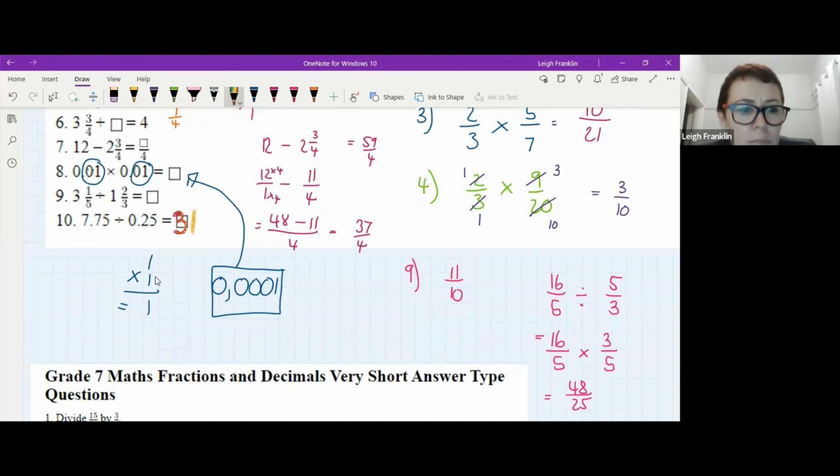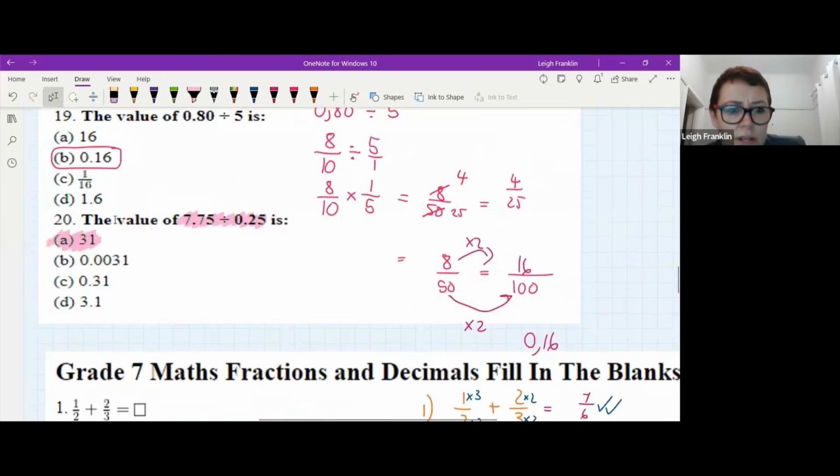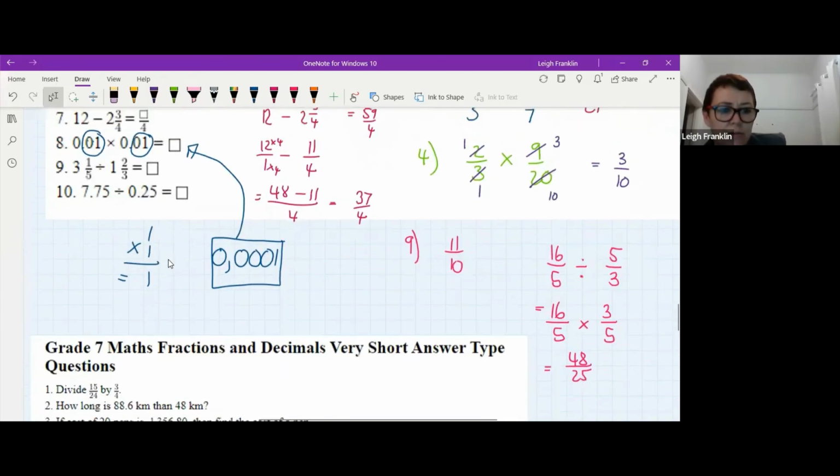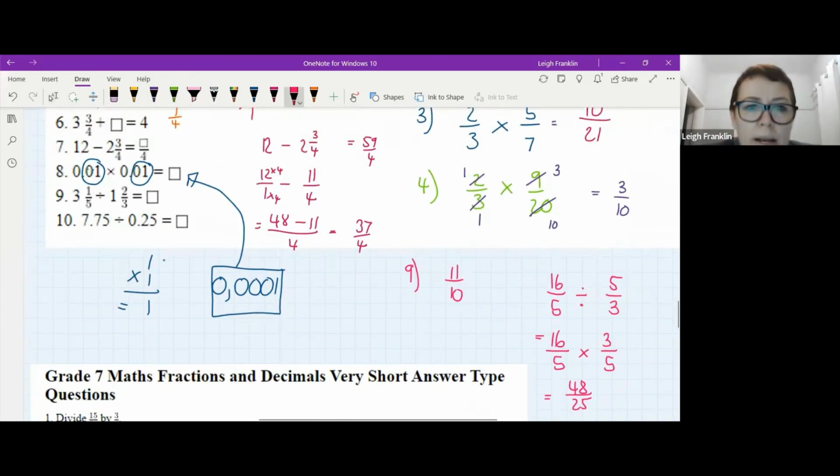Can I do number 10? Okay, what's your answer for number 10? 3. Unfortunately not. I don't know if you remember, Ntabe saying, we've actually seen this question. Sorry, it's a repeat. It's the same as this one here. So 7.75 divided by 0.25 is 31.